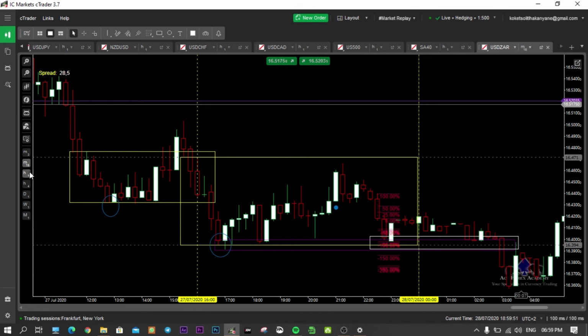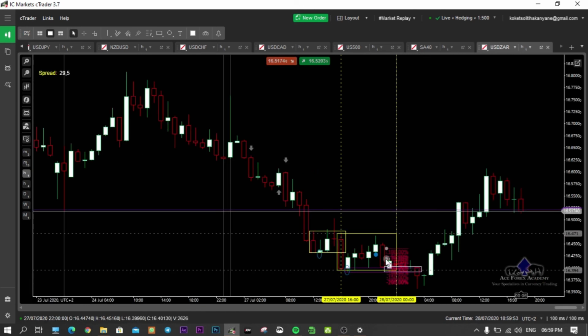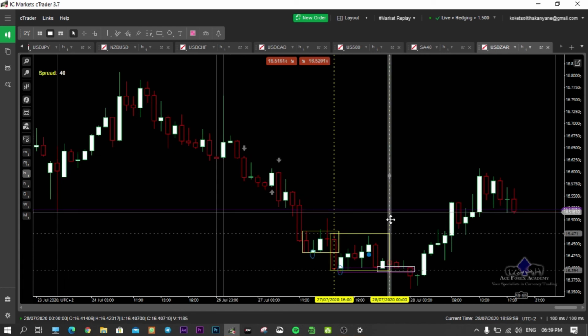So let's go back to our higher time frame and have an overall picture. What we can then see for this Monday is that the dollar started off very weak, with the rand being stronger and dominating it and being able to push it down.